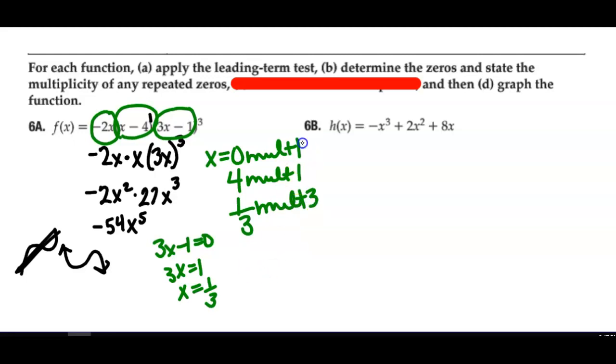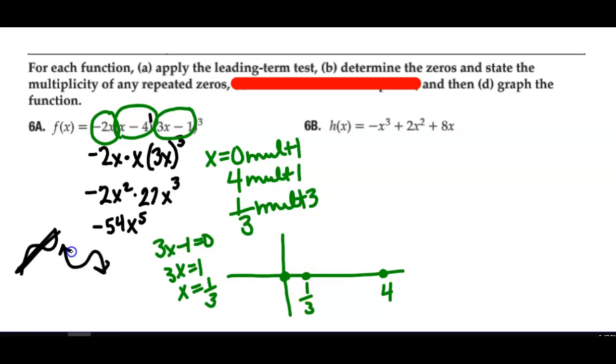Now, all of those are odd multiplicities, so it actually crosses at all of those places. If we were to graph it, it would cross at 0, it would cross at 1/3, and it would cross out here somewhere at 4. Again, a cubic multiplicity at 1/3 would make it do a little cubic shape there.